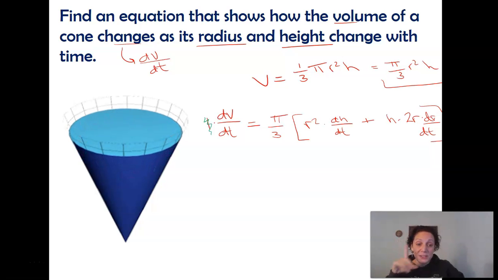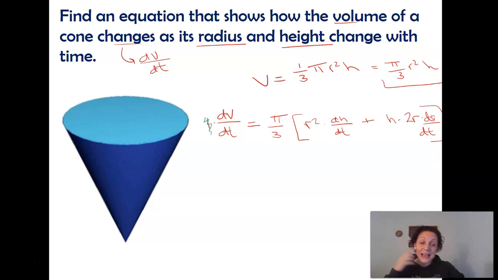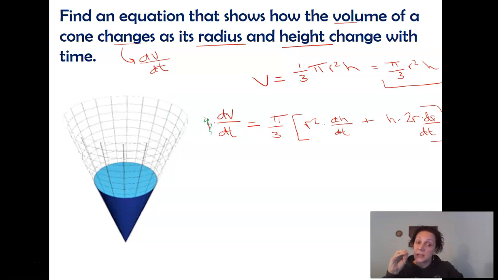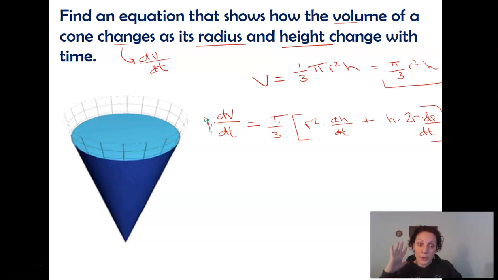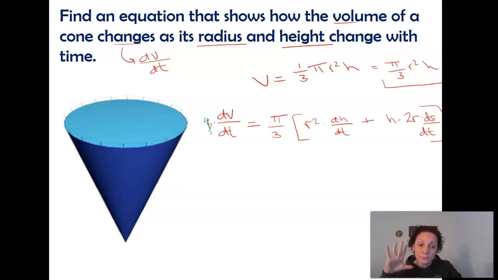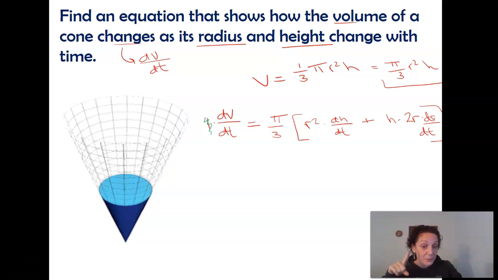Okay. Now, I purposely didn't put any numbers in this first one because I need to stress to you that when you do related rate problems, and I'm going to show you one here in a moment, there are a lot of numbers. Don't touch them. Do not put those numbers in the beginning. And here's why.